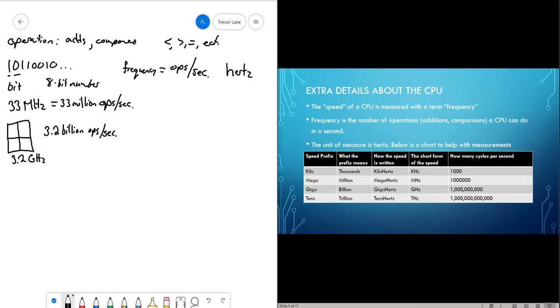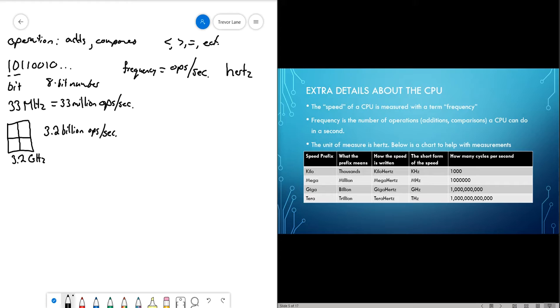You can actually get CPUs with more cores, 8 cores, and so on and so forth. For example, your modern gaming consoles usually have 7 or 8 CPUs on them. What does that actually mean? Well, what it means is that each one of these cores runs at 3.2 gigahertz in this case.